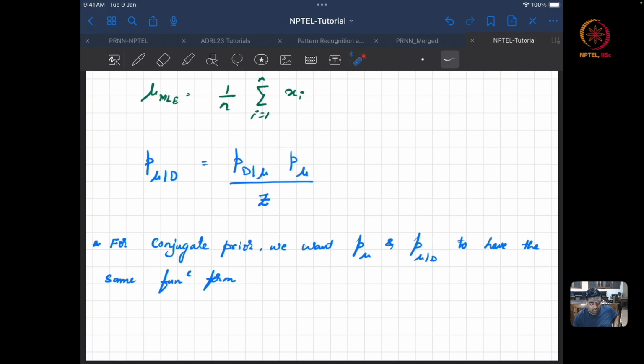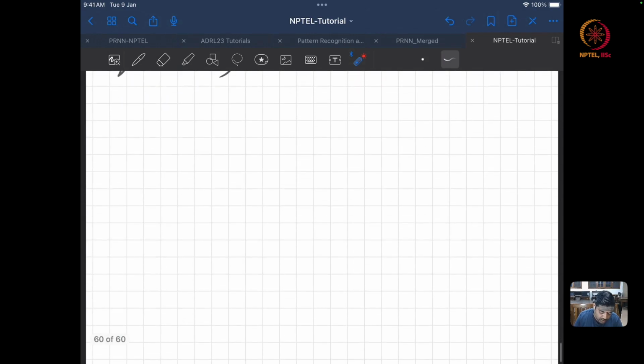It makes it very clear that I should assume it to be Gaussian. This is also Gaussian, so I can combine them, and finally I'll get the same functional form. It is pretty much clear from the setup itself.